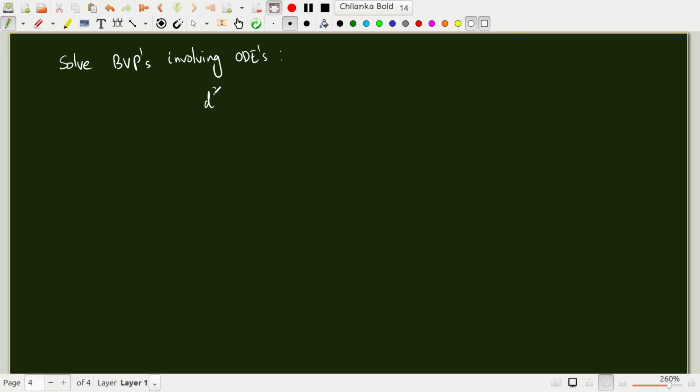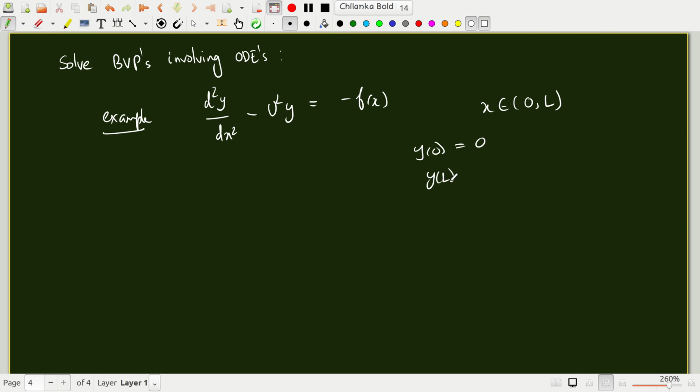Okay, so d squared y by dx squared minus u squared y is equal to minus f of x. Let's say this is the problem. x is between 0 and L, let's say y of 0 is 0, y of L is 0.